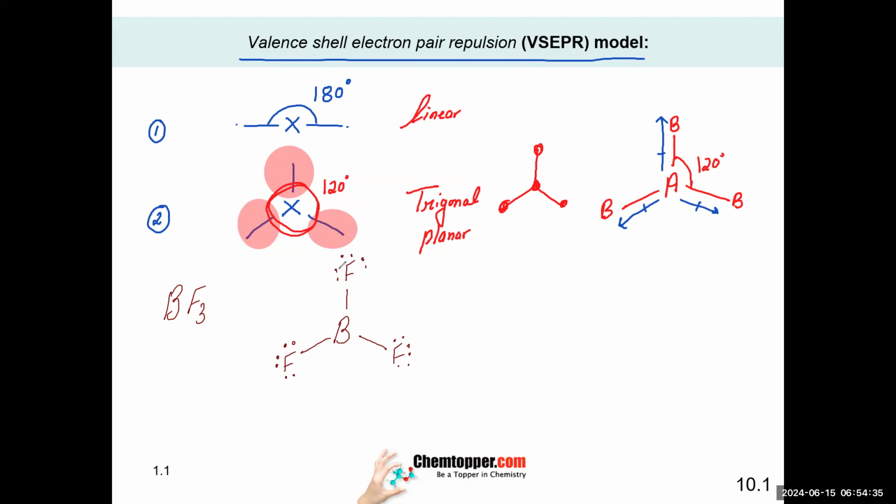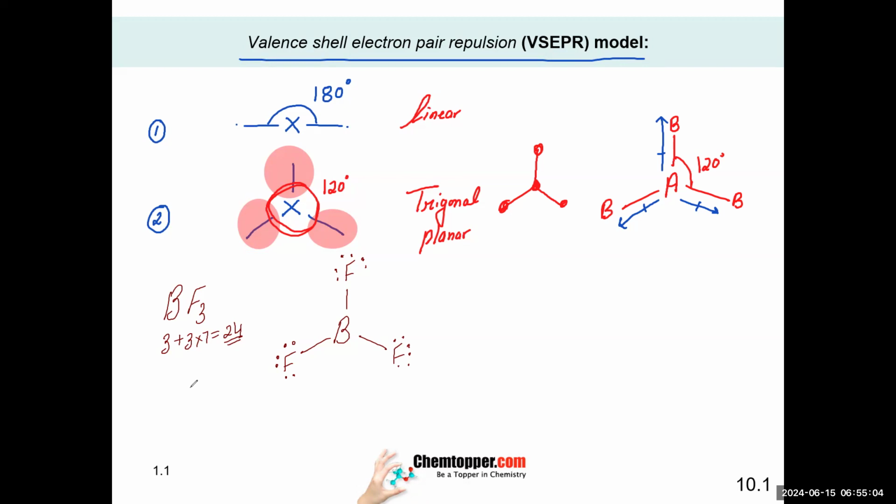Oh, how come 25? Getting an odd number, 25, 27, 31, then it means electrons are not paired. One electron is unpaired. So your total valence electrons generally is always an even number.